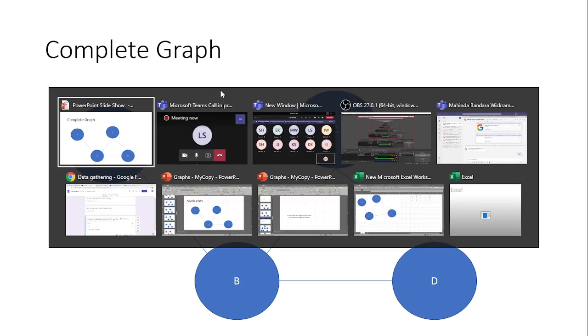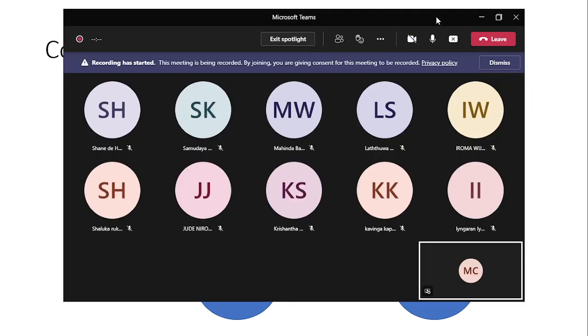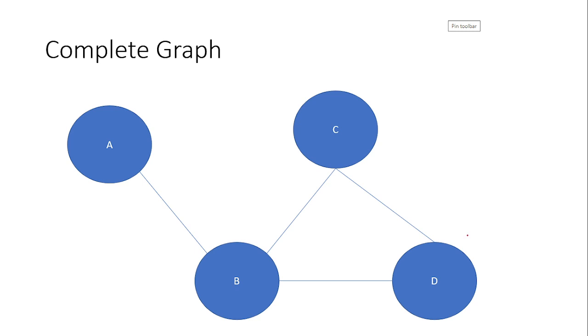Complete graph. What's a complete graph? A complete graph is a graph having full connectivity. Here the connections are A and B, A and D, A and C, B and C, B and D, C and D. So it's a complete graph.